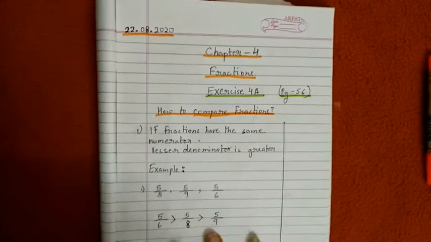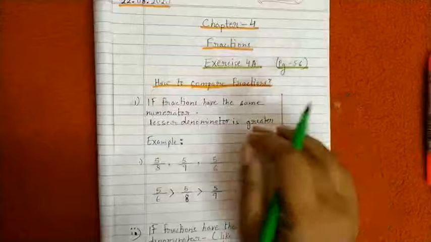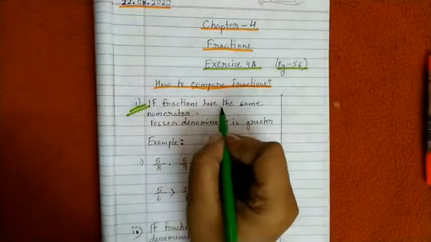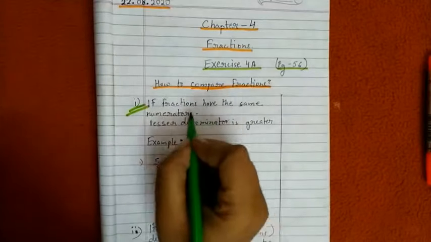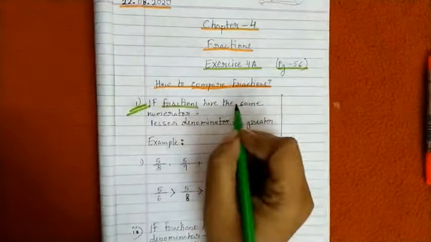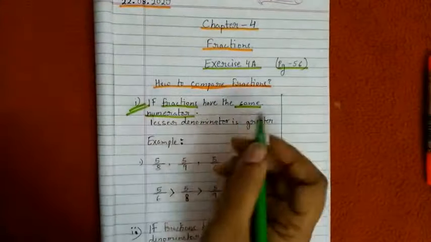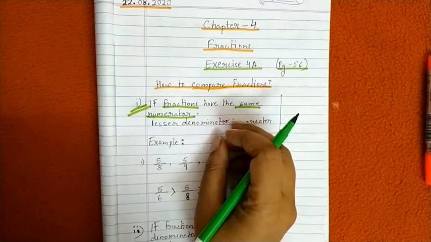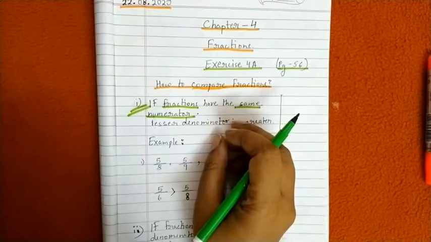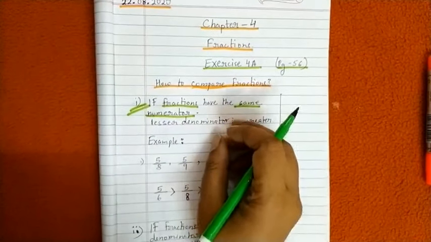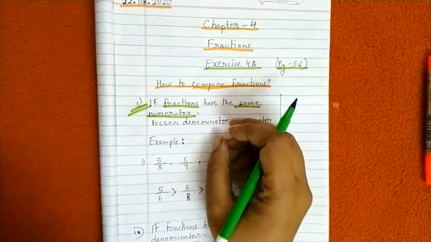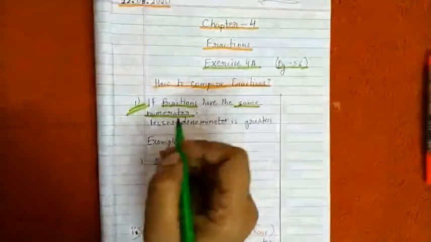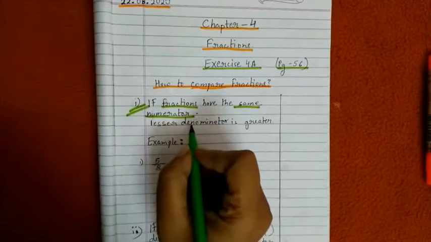Now children, see here. How to compare fractions. First we will learn if fractions have the same numerator. If fractions have the same numerator and the denominator is different, then how do we check whether a fraction is equal, greater or smaller? In that case, children, you have to look at the denominator.